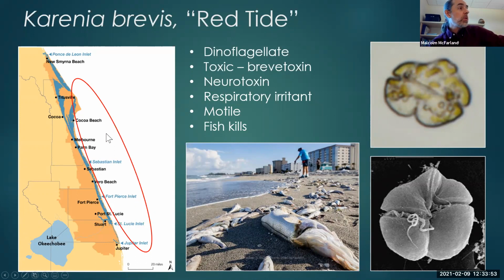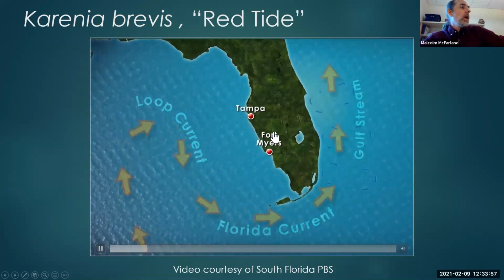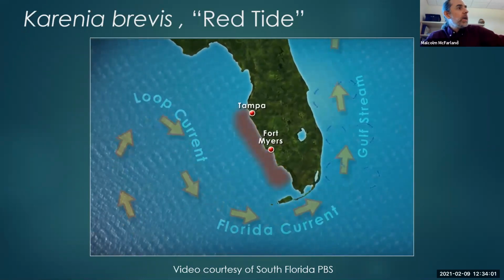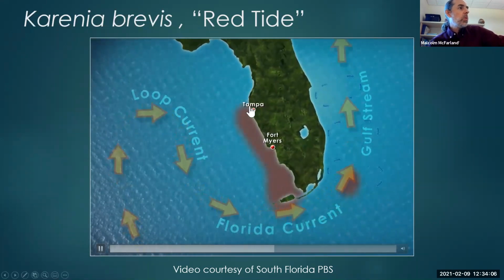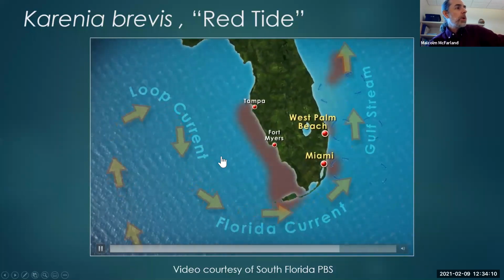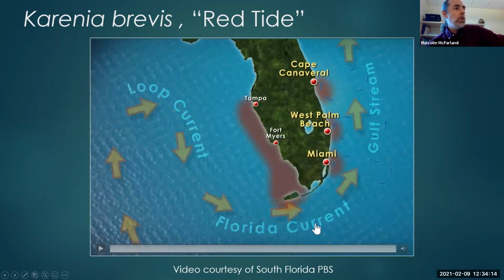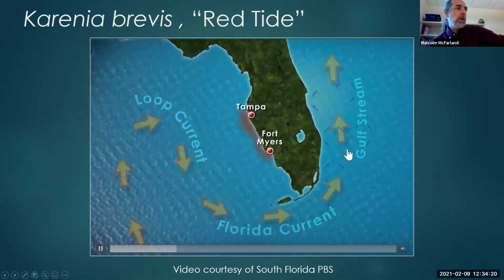So normally this is on the West Coast, but what can happen, and what did happen in, I believe it was 2018, the bloom develops along the west coast of Florida, and then the loop current and the Florida current in the Gulf Stream can sort of grab that bloom and carry it around the tip of the peninsula.